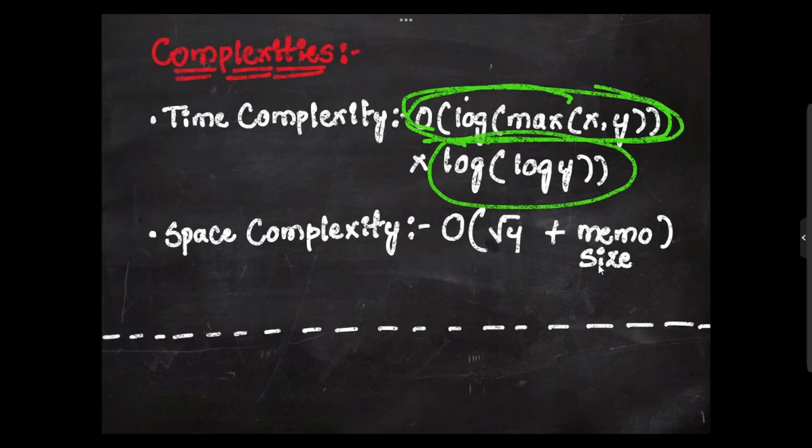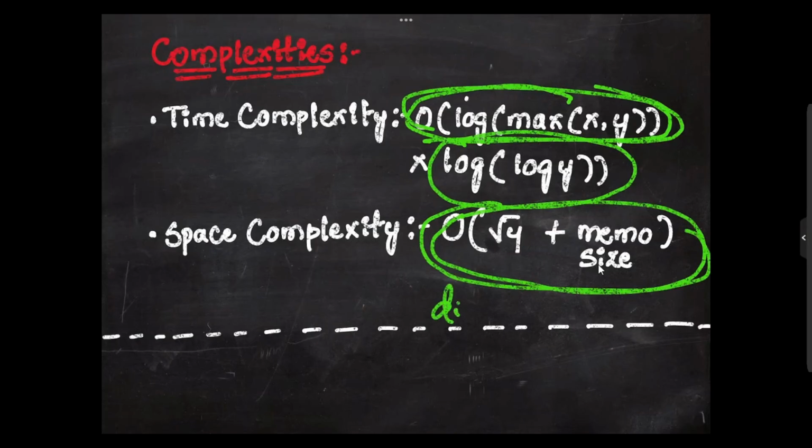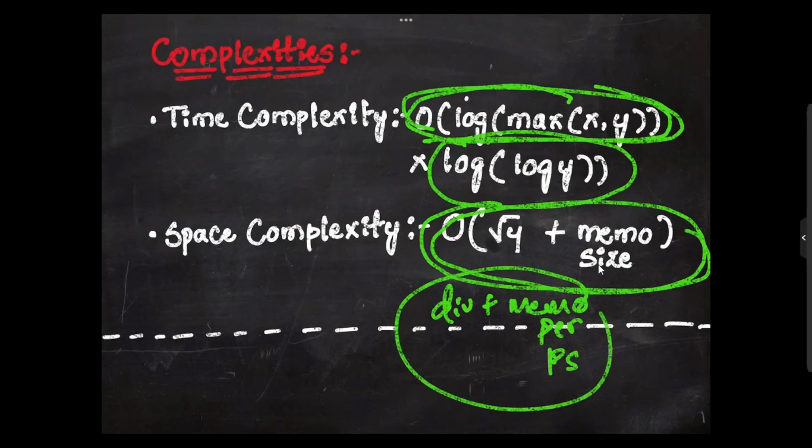And the space complexity would be O(square root of y plus memo size), nothing but divisors plus memoization for previous states, right? So the time complexity would be O(log(max(x, y)) * log(log y)) per test case for the code that we'll be writing, due to the binary search and the divisor traversal.